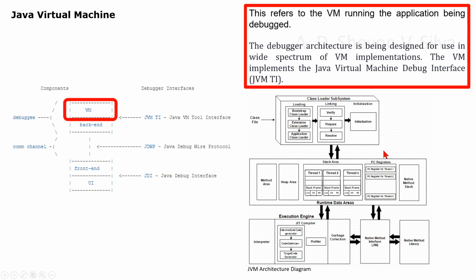Java's dynamic class loading functionality is handled by the class loader subsystem. It loads, links, and initializes the class file when it refers to a class for the first time at runtime, not compile time.